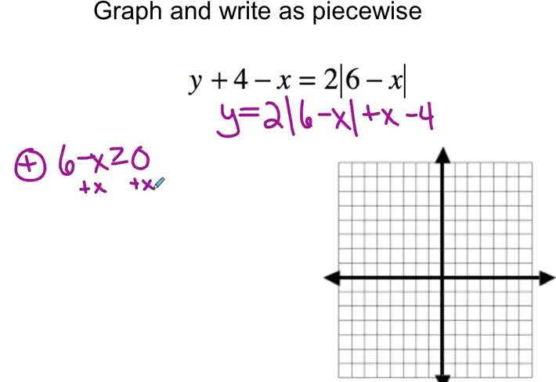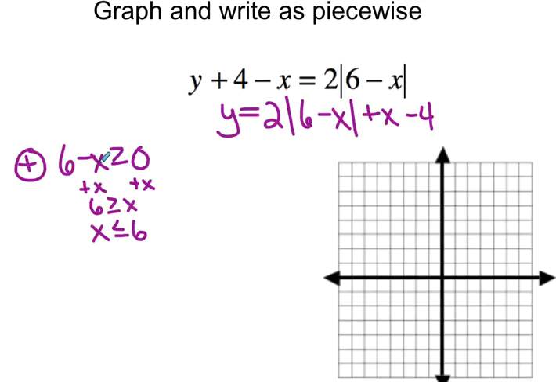And I'm just going to get 6 is greater than or equal to x. If I read x first, that's x is less than or equal to 6. Which is interesting. The positive case is actually a less than sign. That can happen, which is what happens when you have something minus x instead of x minus something, which is totally okay.